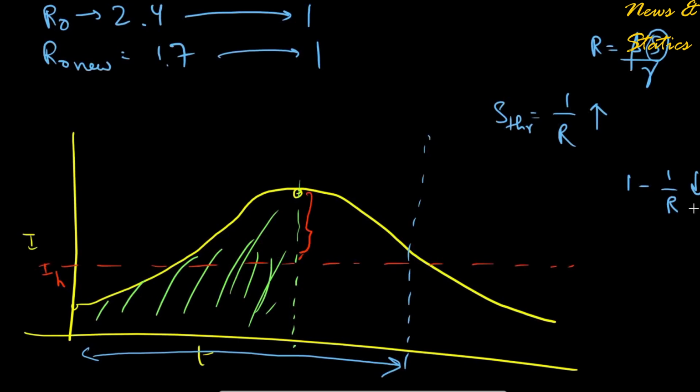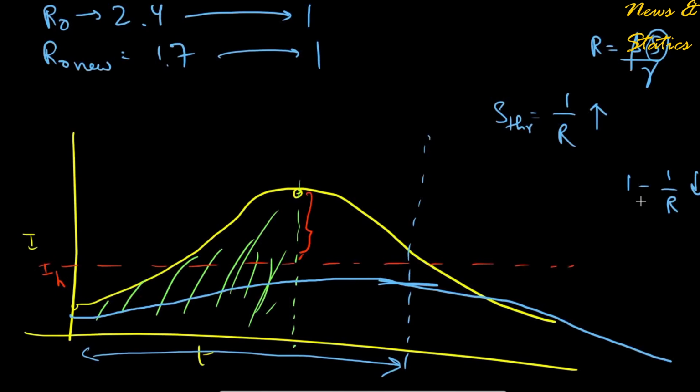So if the number of immune people has to decrease, then definitely the height of the peak will be far lesser. So the height of the new peak will be somewhat like this. So the peak is now coming here, and the curve is flattened. So our twin objectives have been achieved.